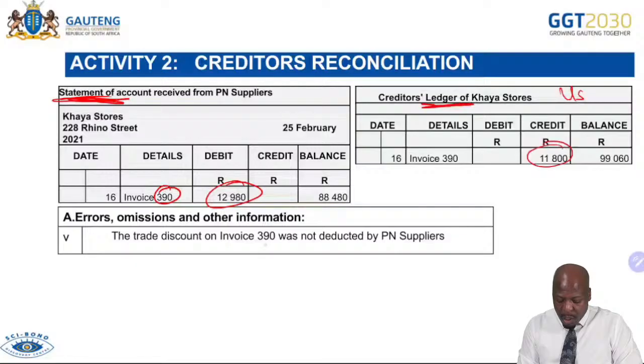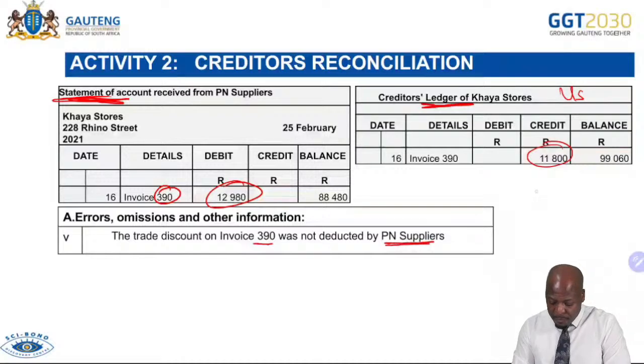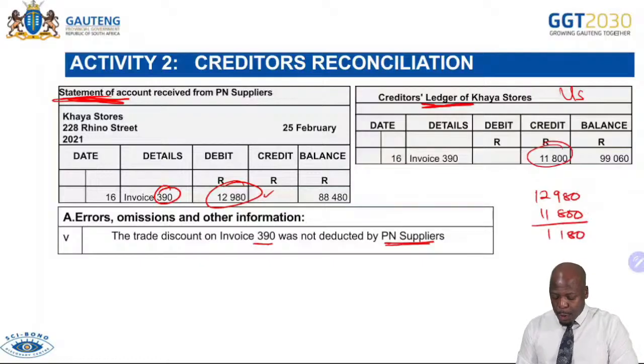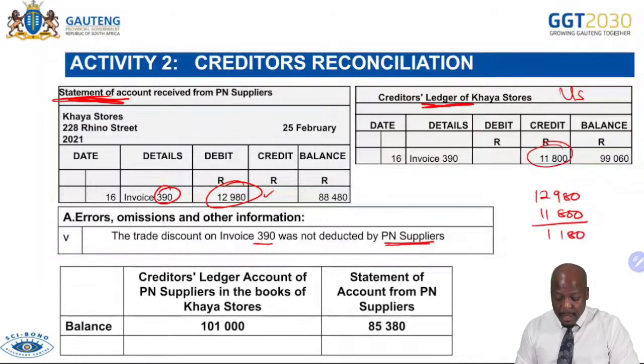The trade discount on invoice 390 was not deducted by PN Suppliers. So they did not deduct this trade discount. How much was it? We take the difference between the 12,980 and the 11,800. And the difference here will give you 1,180.